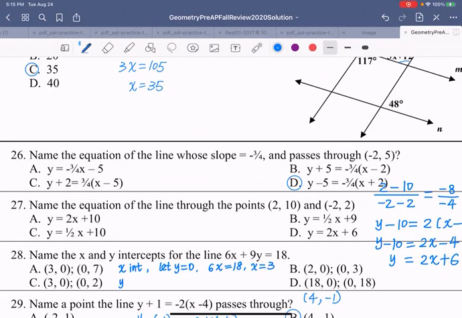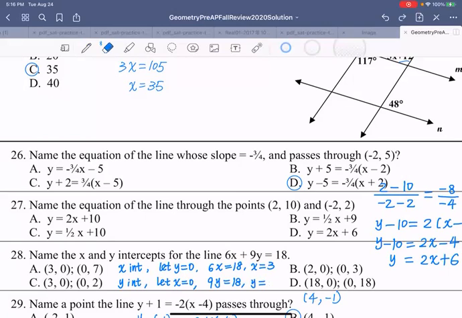And we do the y-intercept. That x equals 0. So 9y equals 18. So y equals 2. So what's your x-intercept? 3, comma 0.